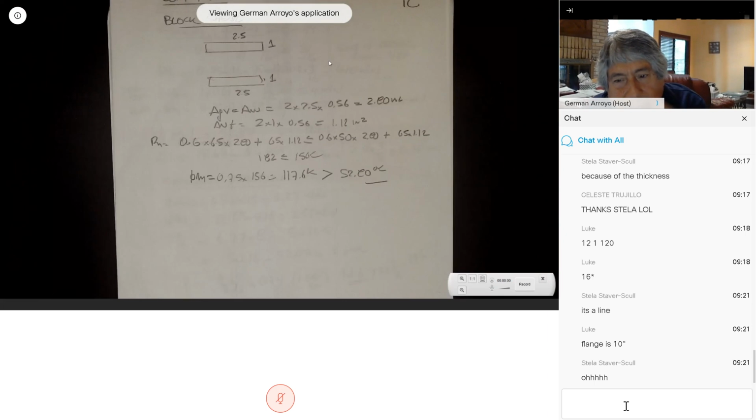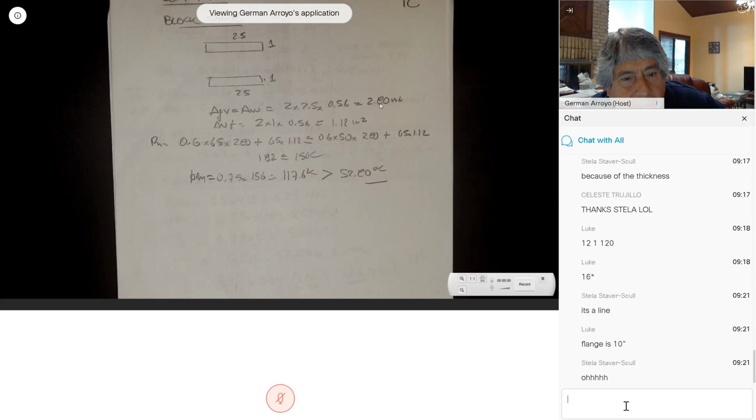So, like I said, the U is not going to happen because that portion of the flange is connected to the web. But we're going to have the outside of the flanges resisting the block shear. So the gross area is 2 times 2.5 times 0.56. This is the thickness of the flange, 2.8.